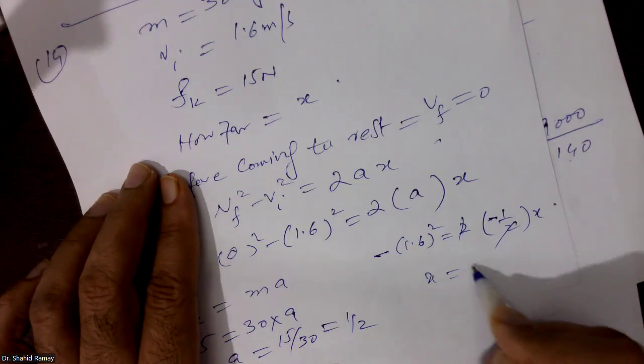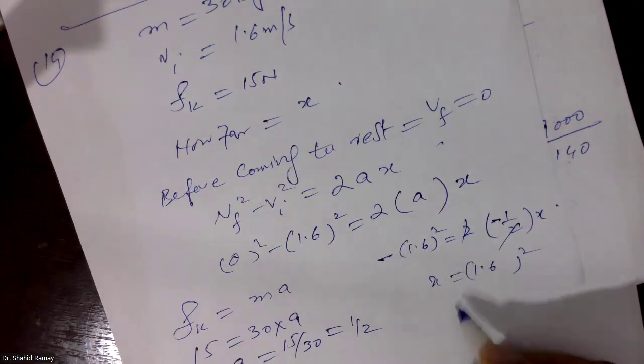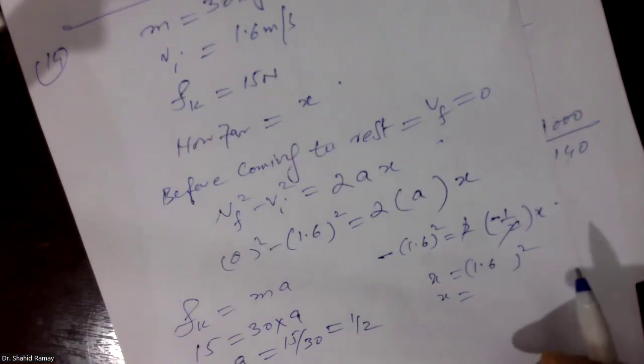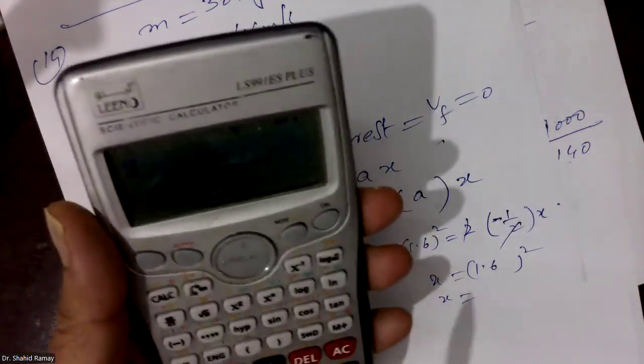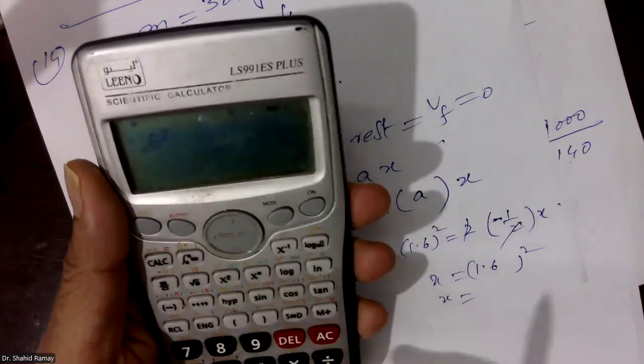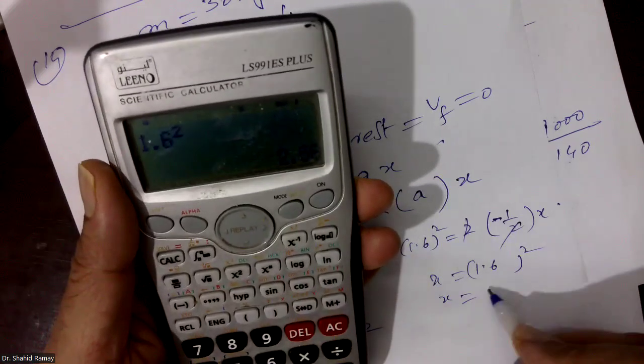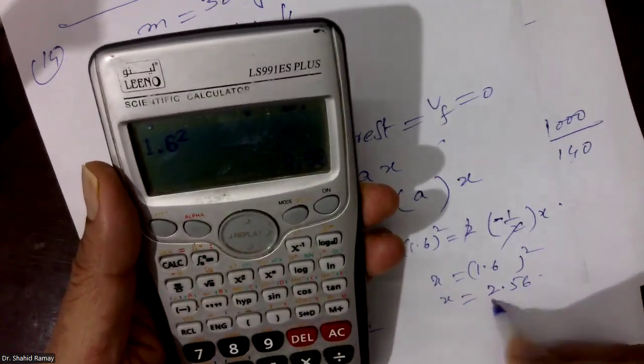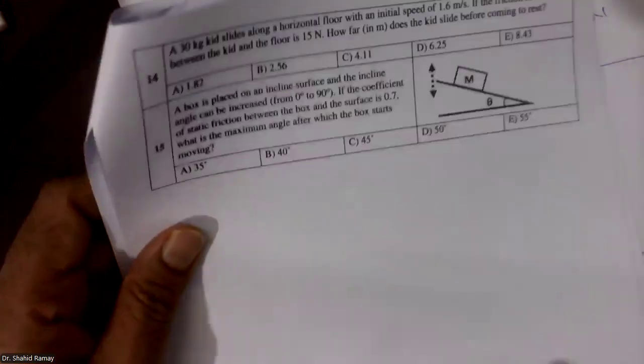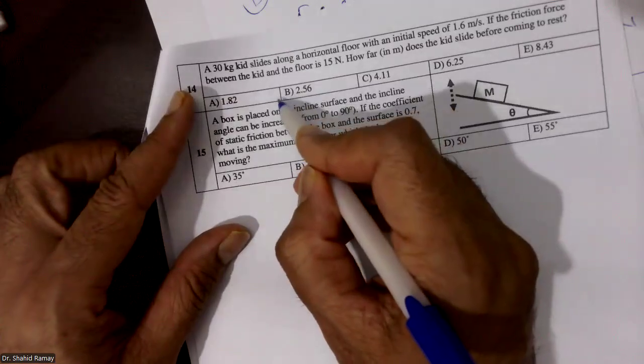So x is 1.6 square, and this is equal to 2.56. So this is your answer.